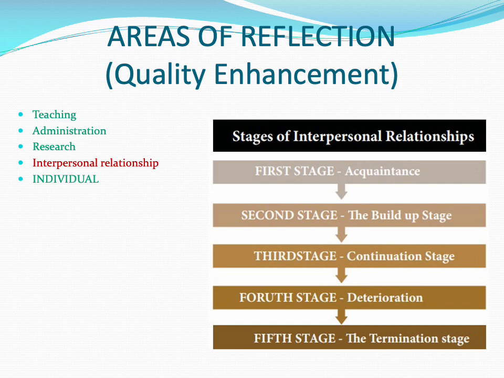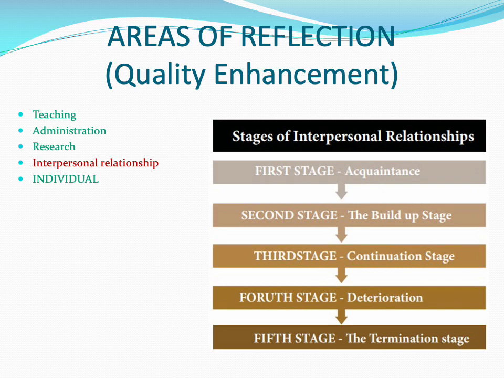Interpersonal relationship. This is very much essential for everyone to look into. Interpersonal relationship consists of various stages, starts with acquaintance and ends in the termination stage. Initially, everyone will come together and get to know each other, that is acquaintance.